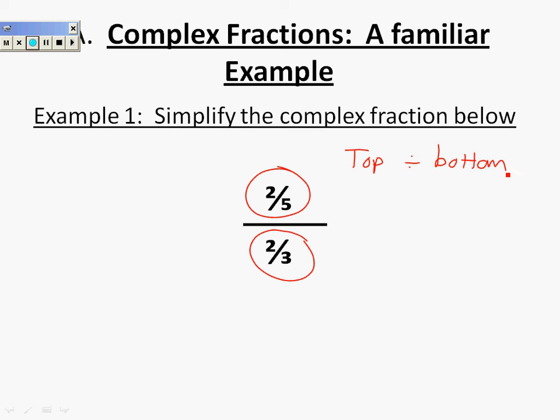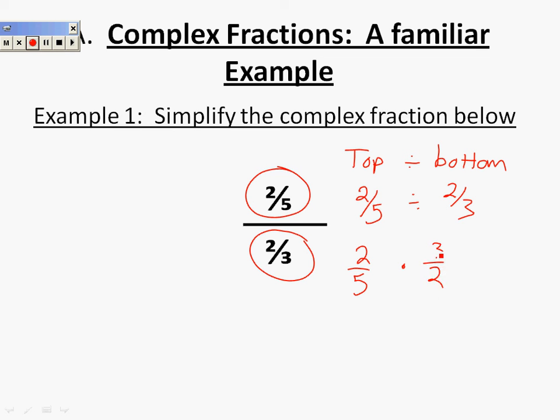So what the top is? 2/5 divided by 2/3. Now it looks more like what we did in our last lesson. So now we just do keep, change, flip, correct?